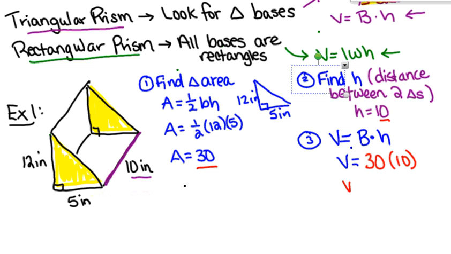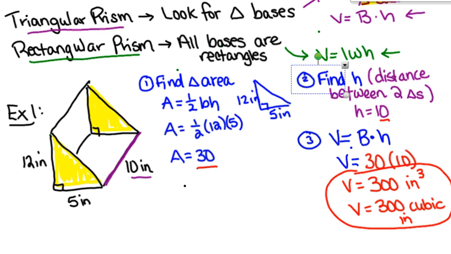And when we use our calculator to multiply those two, we find that the volume of this triangular prism is either 300 inches cubed or 300 cubic inches. Excellent.